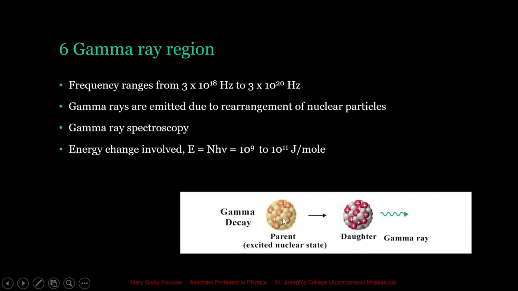Then when it is de-exciting, this nucleus will come back to the stable state by emitting a gamma ray. Then we are studying these gamma rays. This study is called gamma ray spectroscopy, and the energy change involved here is of the order of 10^9 to 10^11 joule per mole.